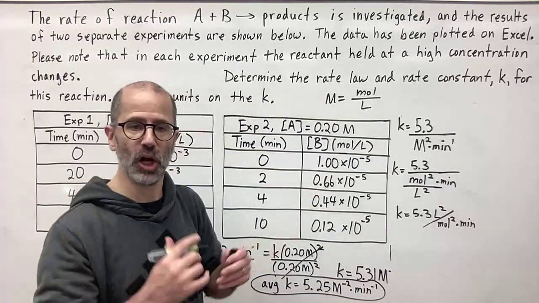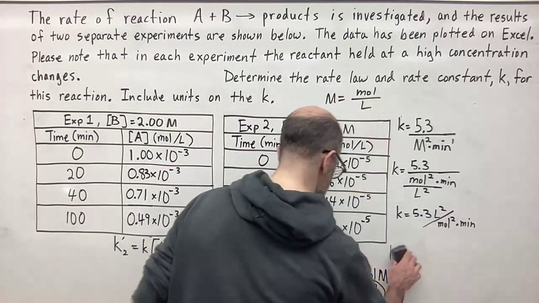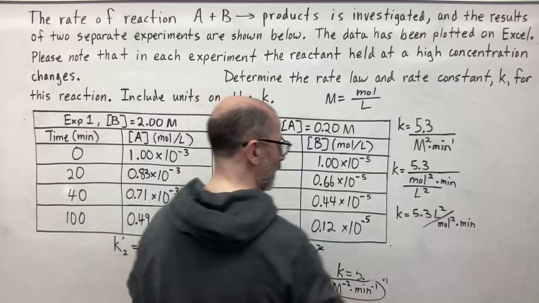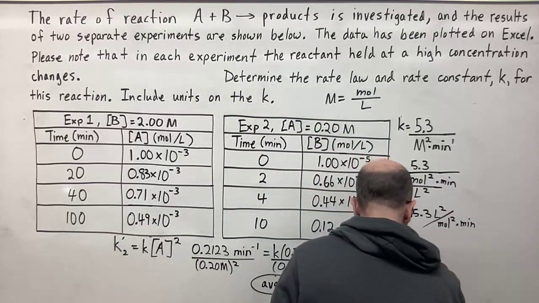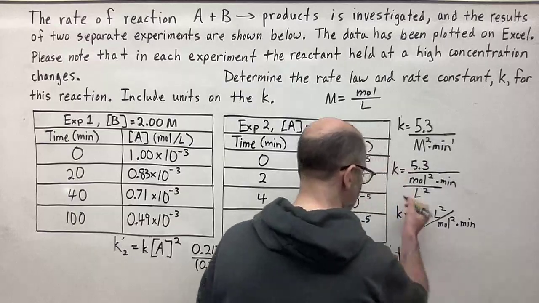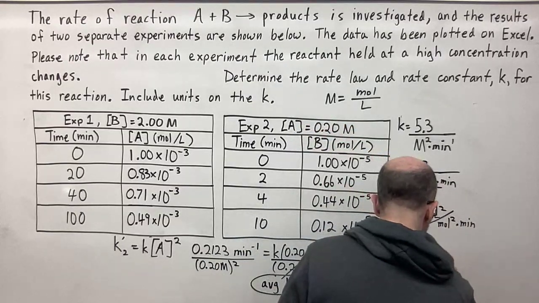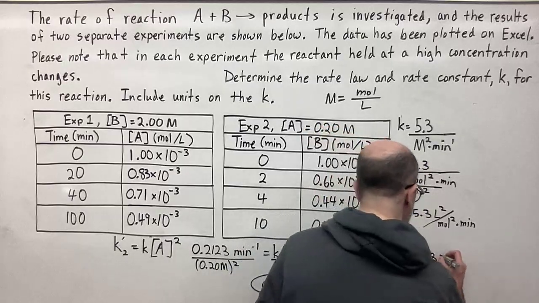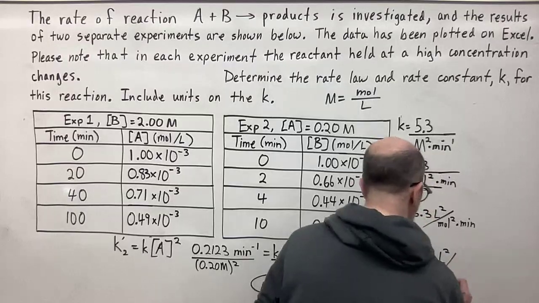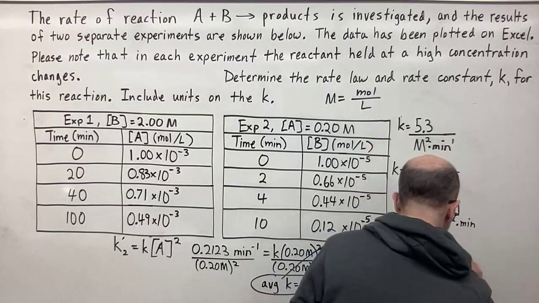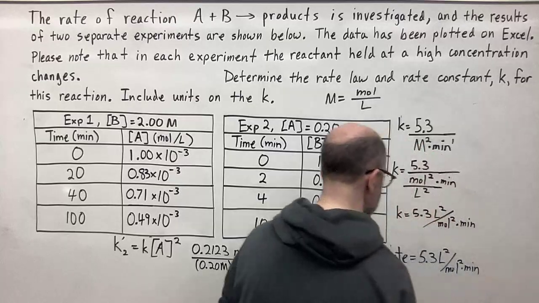And again, if we put this all together in our rate law, it should look like this. So finally, the rate law, if we put it all together, the rate is equal to K value. So we're going to write that as 5.3, and that's going to be liters squared over moles squared times minutes.